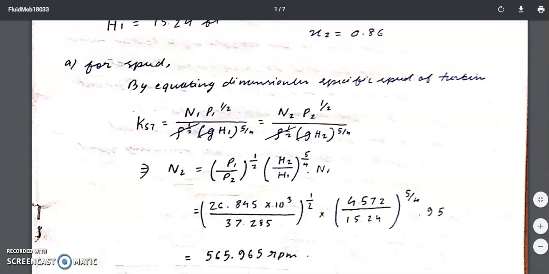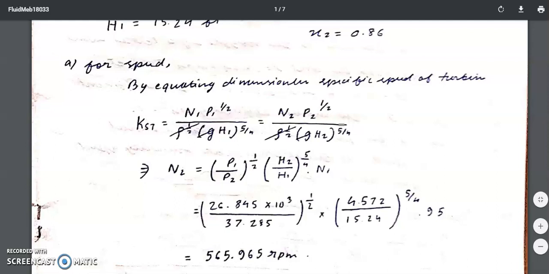N1 is the rpm of the prototype and N2 is the rpm of the model. So N2 becomes N1 times P2 by P1 to the half times H1 by H2 to the 5 by 4.